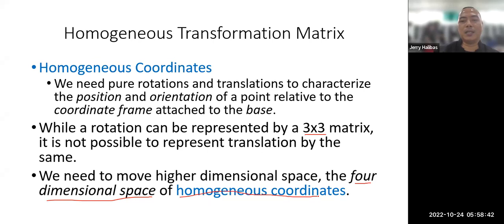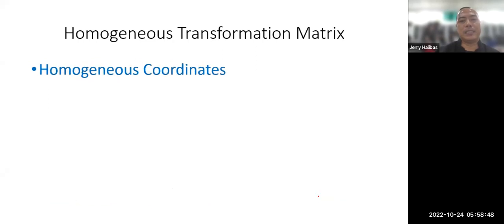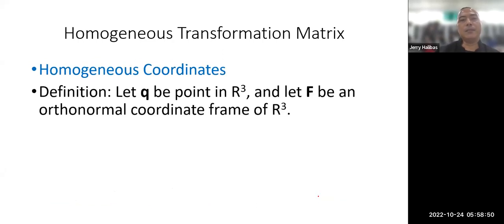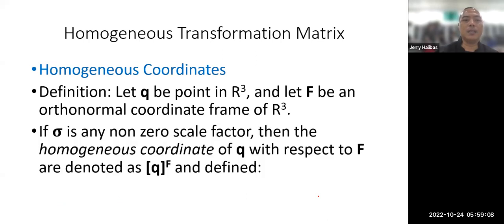Okay, so we add one row or column to your matrix. So definition: let Q be a point in the dimensional space R of order 3. Meaning 3 coordinates, orthonormal coordinates or 3 axes. And let F be an orthonormal coordinate frame of the dimensional space R3.